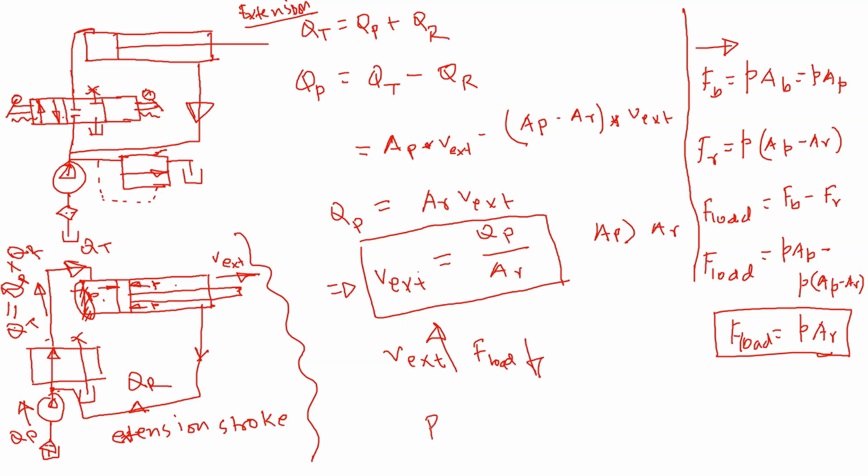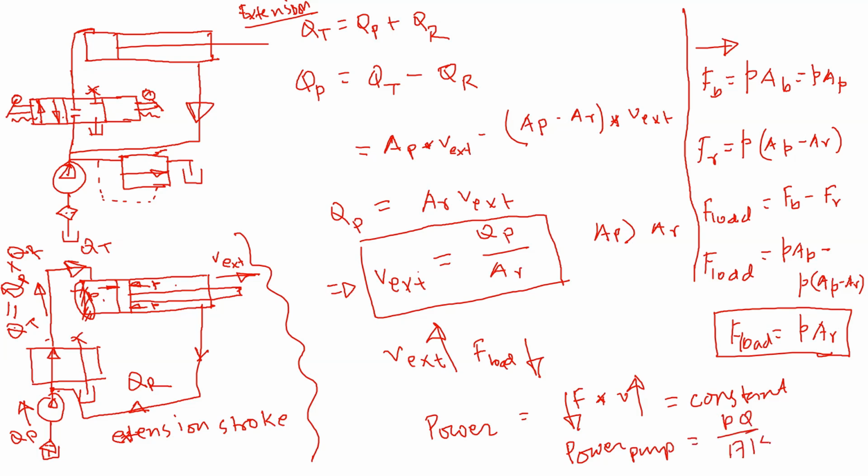Then we know that power is equal to force times velocity. So if velocity increases, then force decreases. So power is basically kind of constant, because the pump power, the hydraulic power, we can say the power produced by the pump, which is PQ by 1714, is fixed.